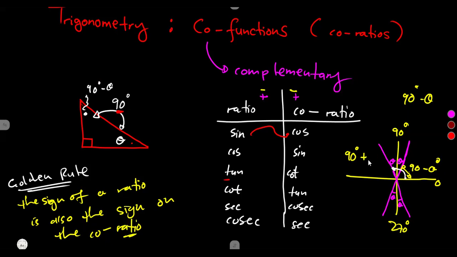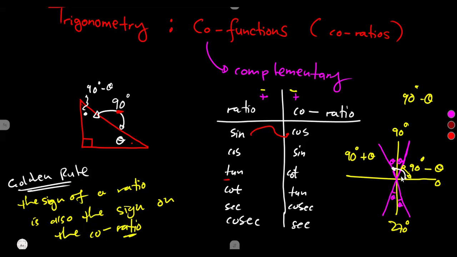All right, plus theta. Remember I said 90 degrees minus theta. All right. So in the third quadrant, the angle is this one. Remember, this is 270 degrees. So out of 270, we're just going to remove this theta.